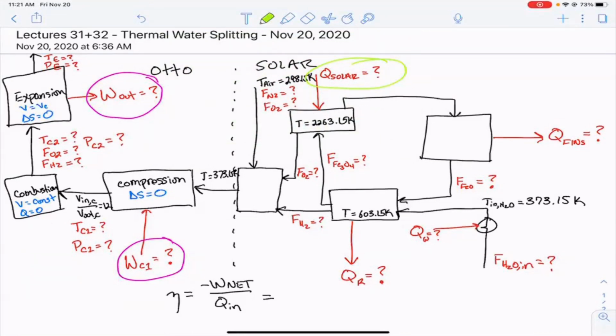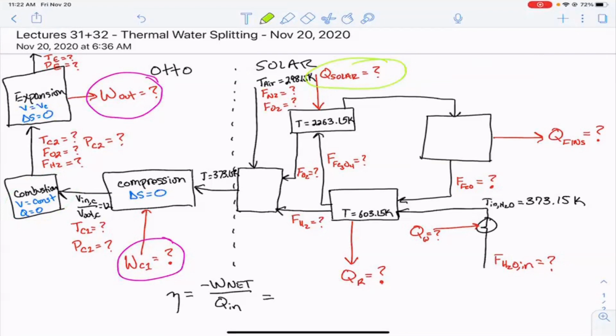Right? The whole idea was to take in solar energy and convert it into chemical energy. And we did that. So actually Q in, like that you would think of as the combustor, we already took into consideration here when we split to make hydrogen. It's just that that thermal energy is now harnessed and stored in the chemical bonds for hydrogen and oxygen. So that's already taken into consideration.